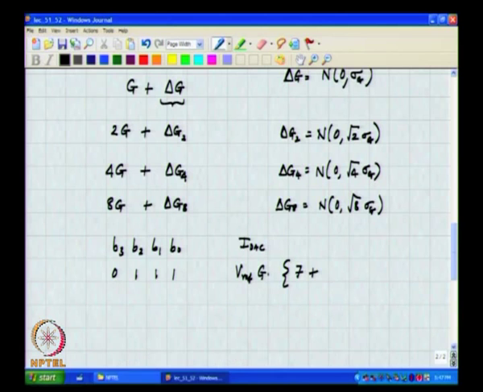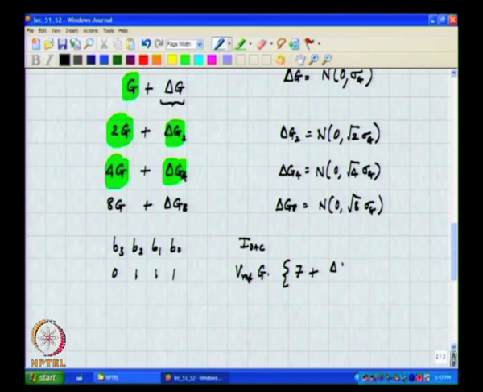So, if the digital code is 7, the elements which will be excited are this, this and this, correct, and therefore, the errors that will creep in will be delta G plus delta G2 plus delta G4.